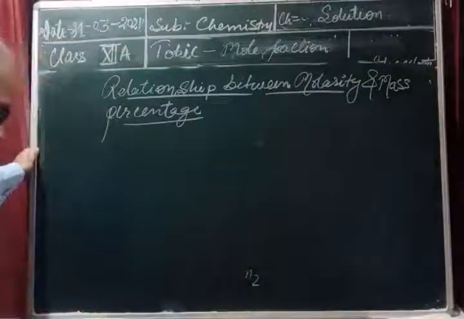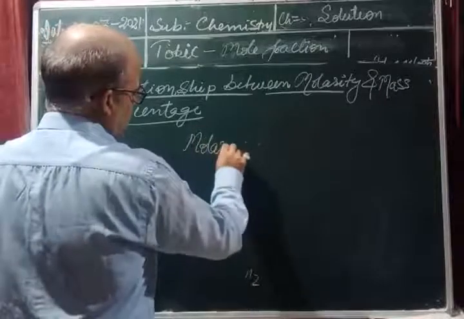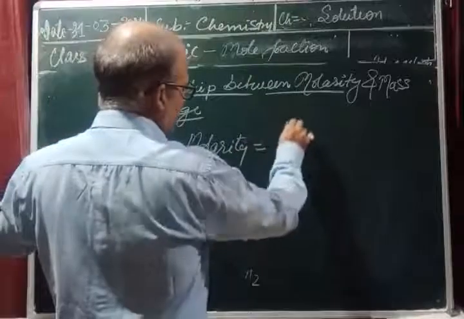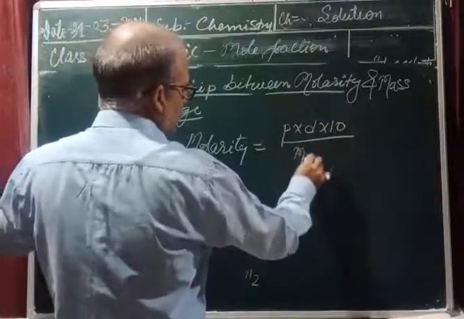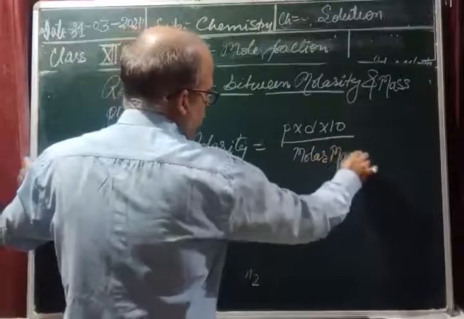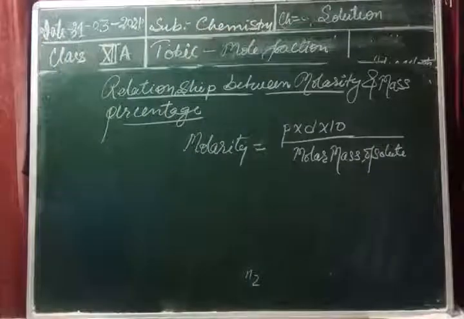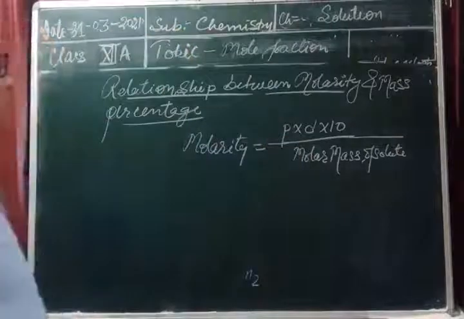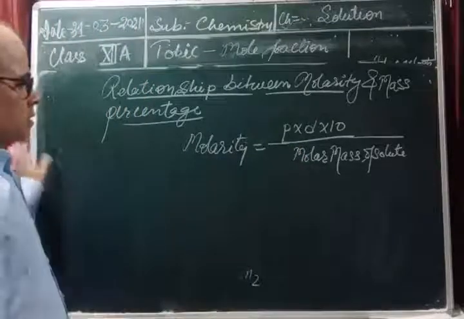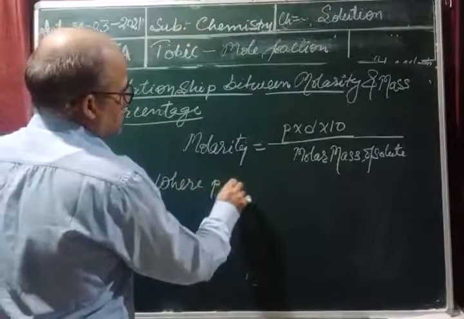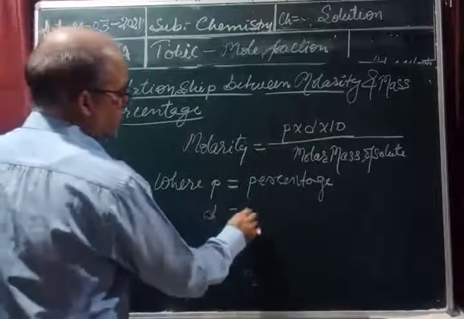Then what will be the formula? The formula will be molarity is equal to percentage into density into 10 upon the molar mass of solute, where P is equal to percentage and D is equal to density.